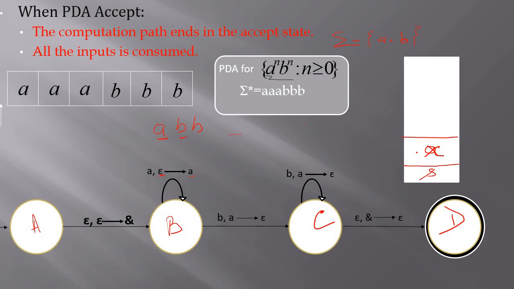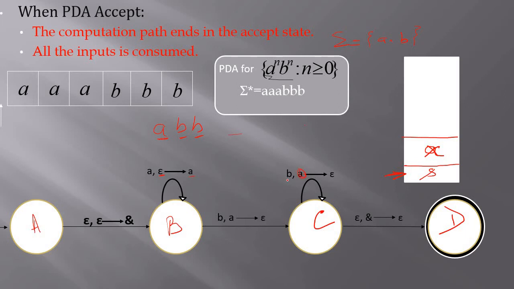Removing A means we pop, and when we pop A, the top of the stack is our special symbol. The next input symbol is B. Because from reading the first B you come to state C, it says if you are at state C and you read B, then you have to pop A. Here is an interesting part.